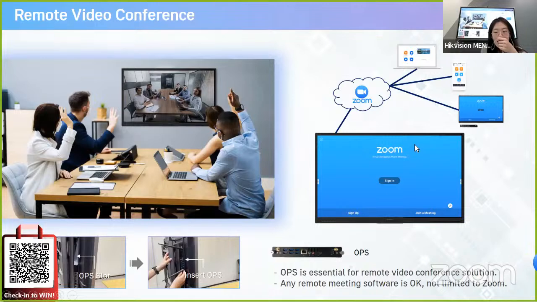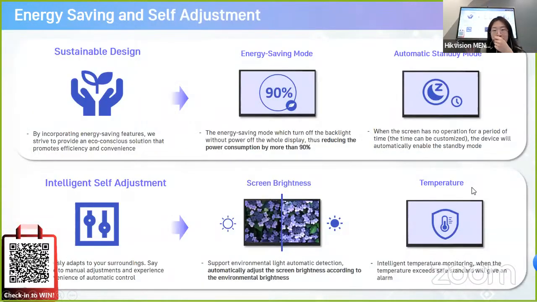Remote live meetings: as we see, we can use Zoom meetings fine. Especially if we have this integrated with Zoom and we have the camera, it's okay. We can use that and even log into my account. But remember, please connect it to the network.